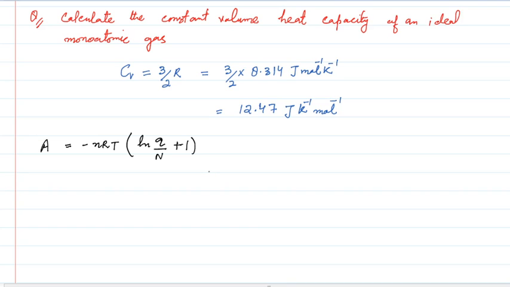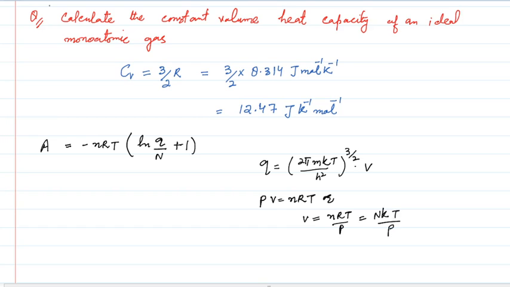So here Q is equal to simply the translational partition function for a monoatomic gas, 2 pi m kT upon h square raised power 3 by 2 into volume, and simply we will introduce one more term, that means PV is equal to nRT, or we already know this is equal to nRT upon P, or we can write it as NkT upon P.